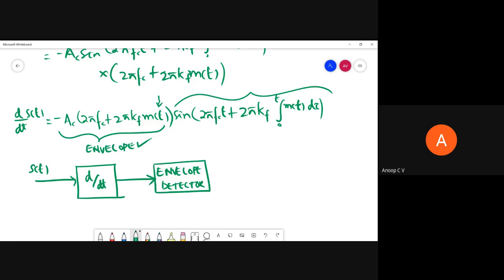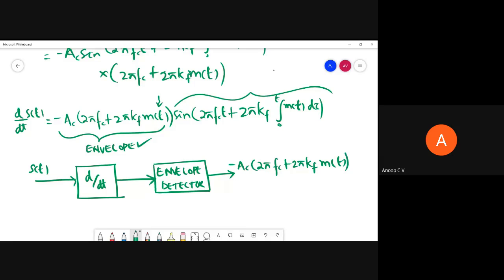We'll get the envelope, and the envelope is minus A_c times (2π f_c plus 2π k_f m(t)).